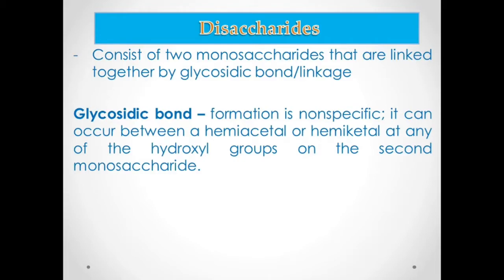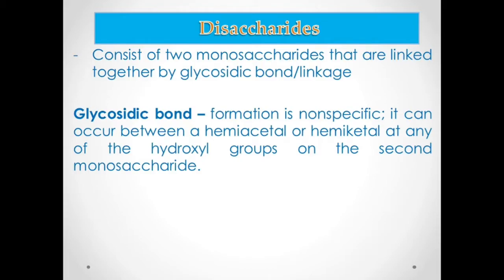Whenever you have your hemiacetal already on the first monosaccharide, it can bond to any hydroxyl group found in the second monosaccharide.